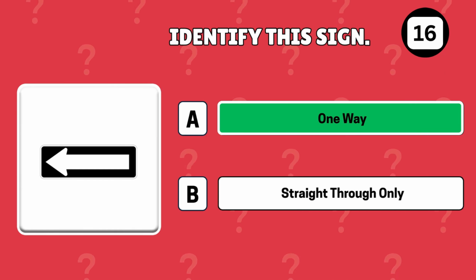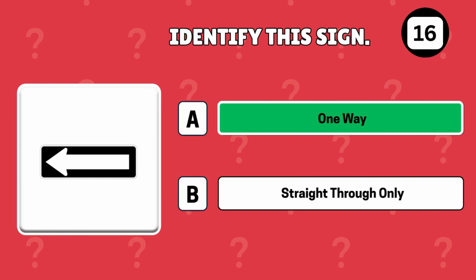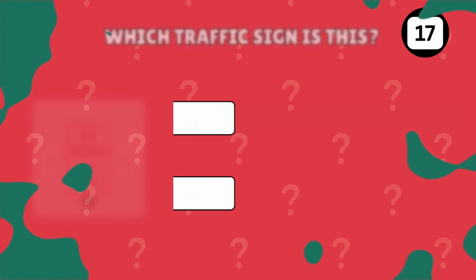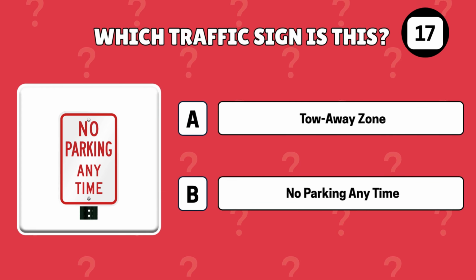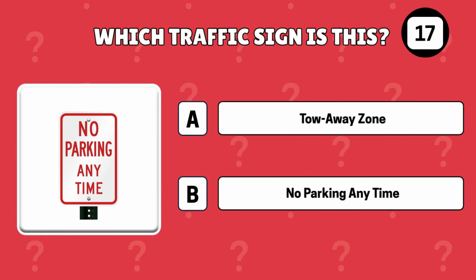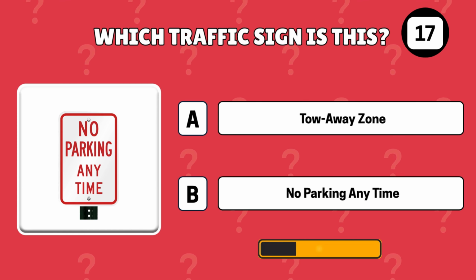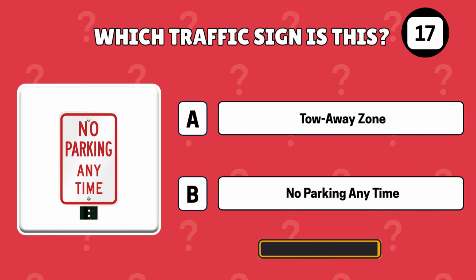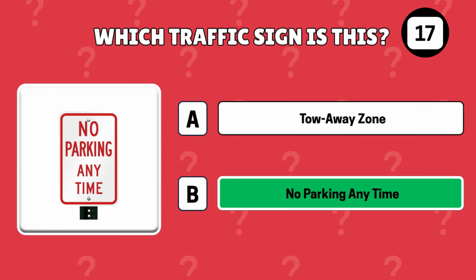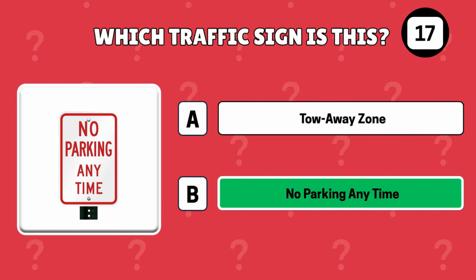Good thinking. This is the one-way sign. Which traffic sign is this? A. Tow-away zone. B. No parking anytime. Excellent. This is the no parking anytime sign.